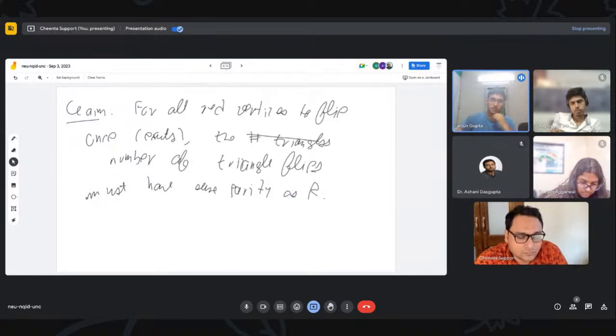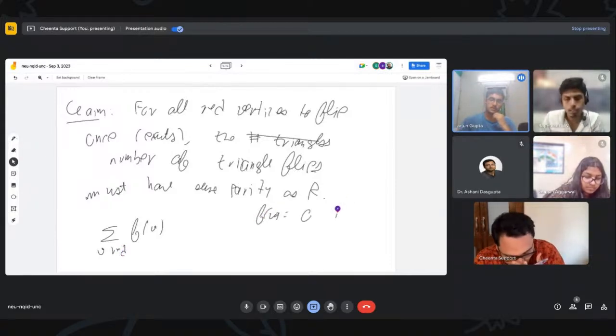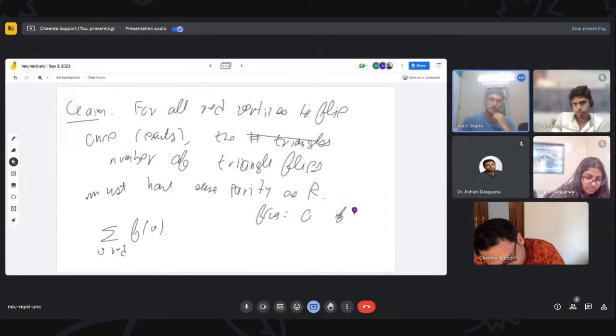And if you want a more formal proof, I can consider this summation, the sum of f(v) where v is red, and f(v) is equal to 0 if v is heads, and 1 if v is tails. And at each flip I change this summation by exactly 1.